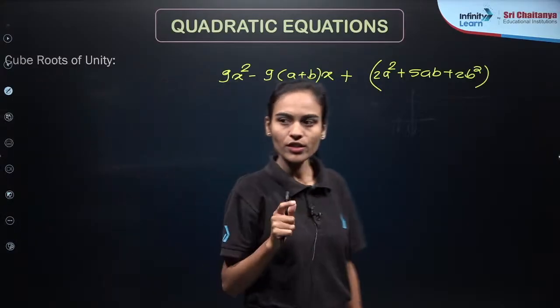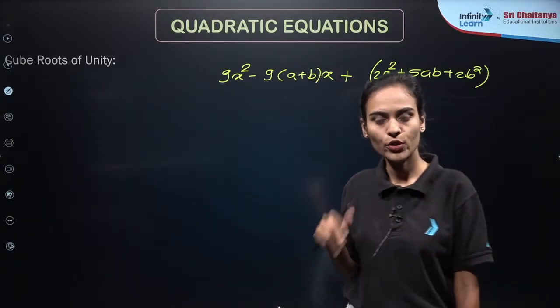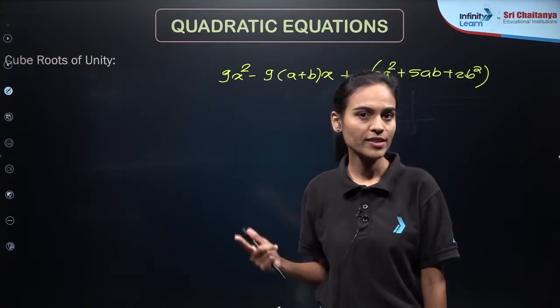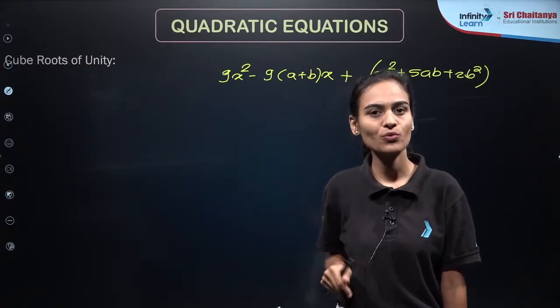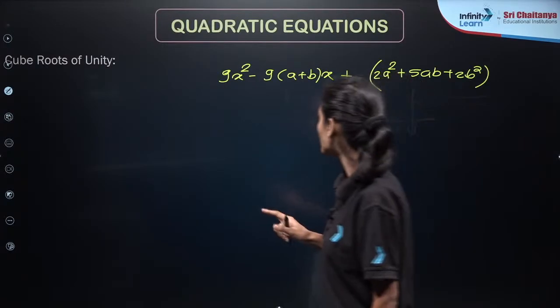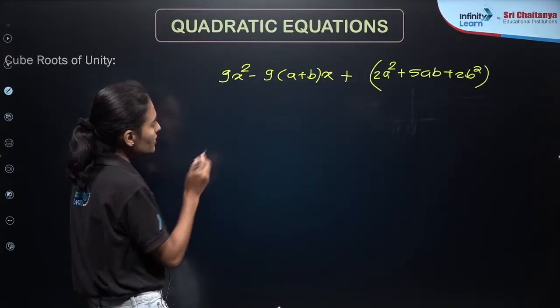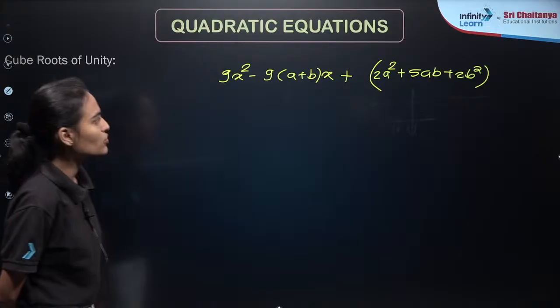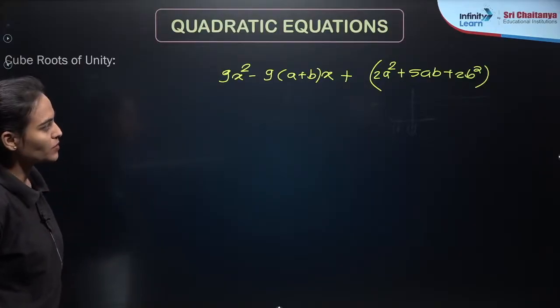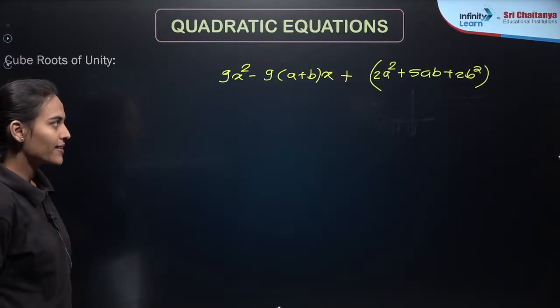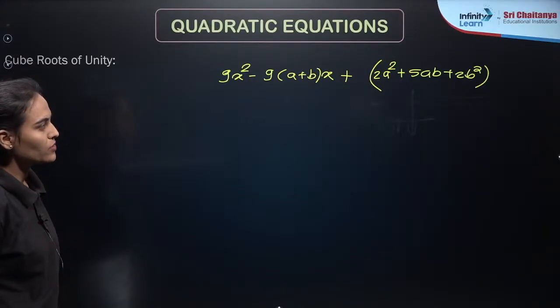Now see, you got your roots as (a plus 2b) upon 3 and one more is (2a plus b) upon 3. So you are getting them in terms of fractions, right? So here one thing you can do is, if we take 9 common, then this will be x square minus (a plus b) times x, plus 1 by 9 times something. Again, if you want to factorize, 2a square plus 5ab plus 2b square.